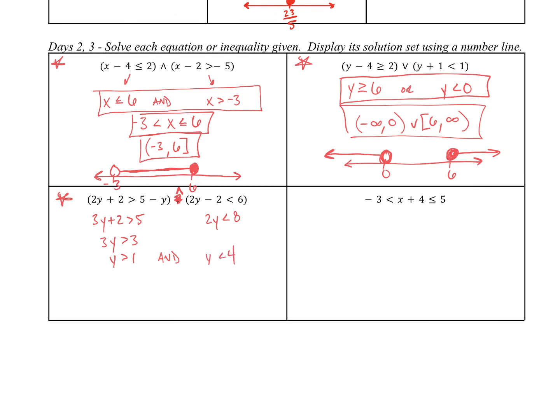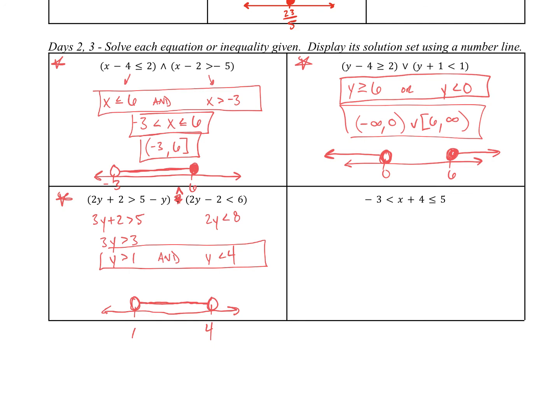Y is less than 4. Okay, so when I graph this, we've got our 1, we've got our 4. Both of these are open, and y is greater than 1 while simultaneously being less than 4. So it's all of these values.